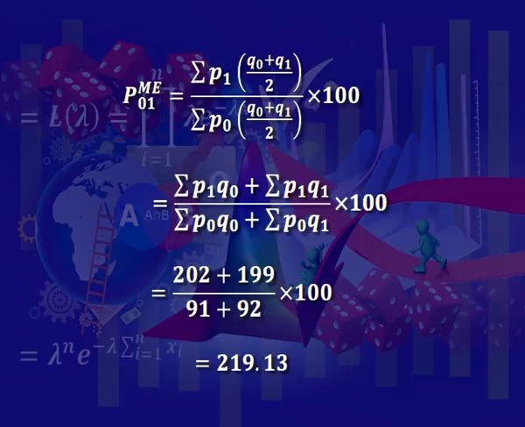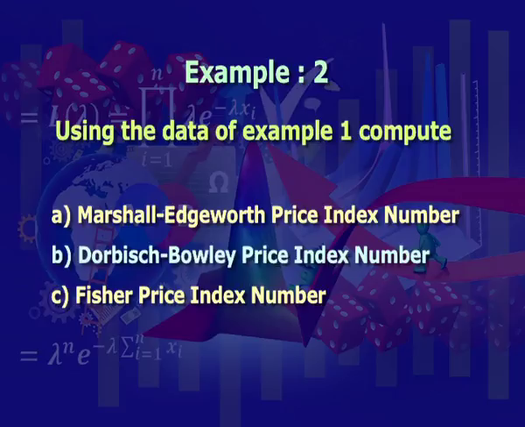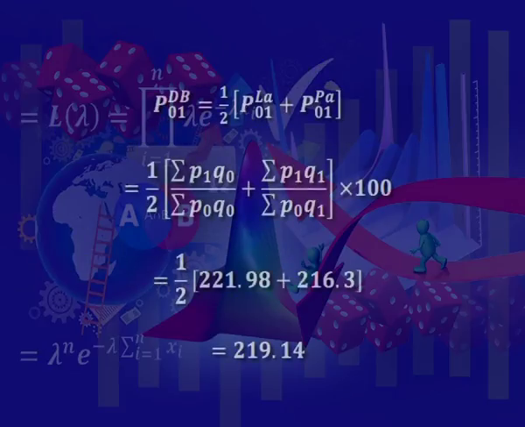Substituting the values of all these four summations, we get 202 plus 199 divided by 91 plus 92, whole multiplied by 100, which comes out 219.13.